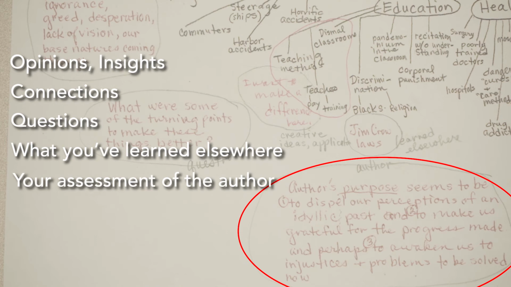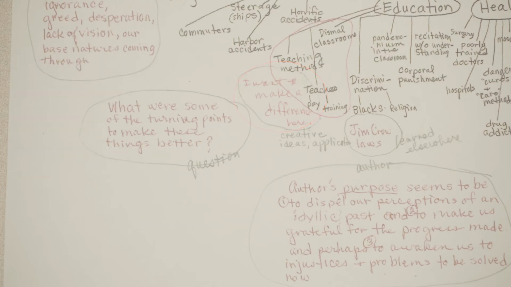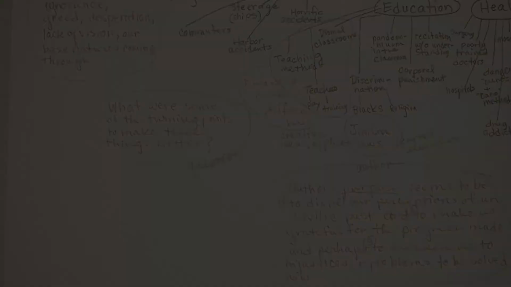State where you think this author is coming from, such as their worldview, biases, and intentions. List ways you can apply what you have learned. Connect these additions to the outer edges of the concept map.